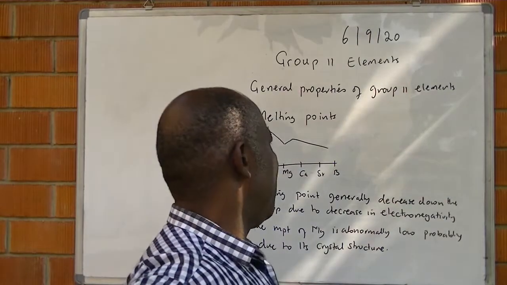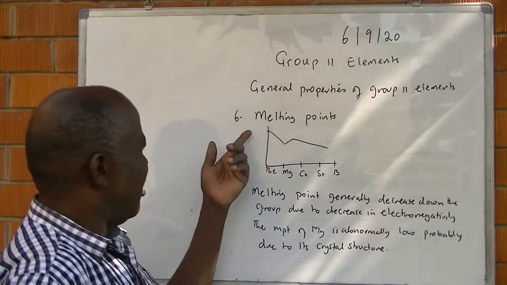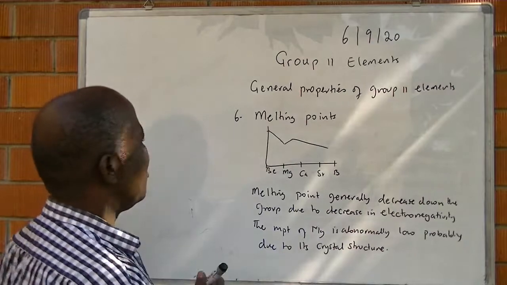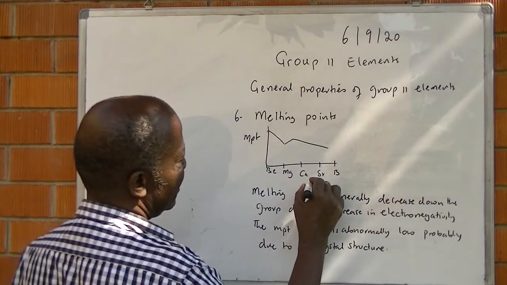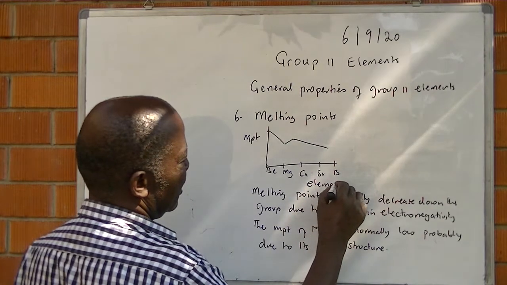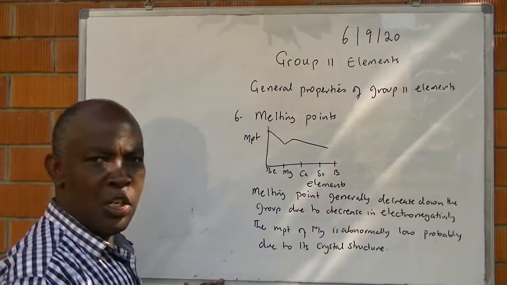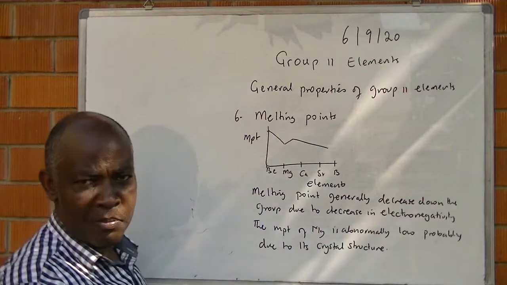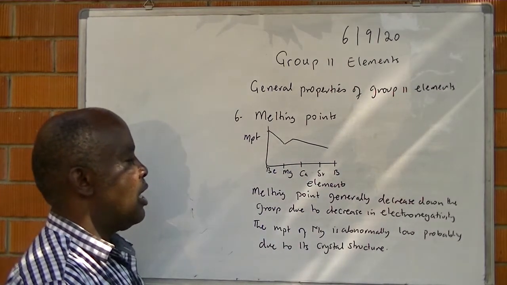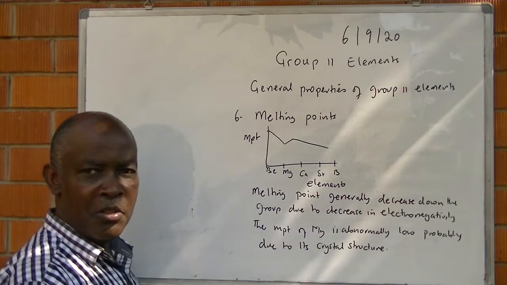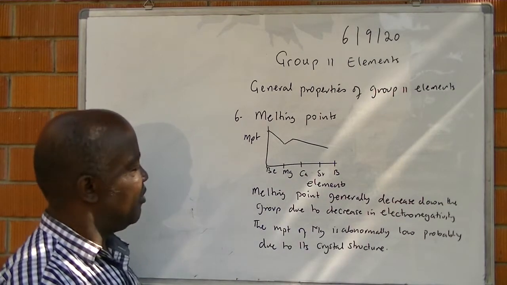6. Melting points. When you plot a graph of melting points against elements, we see that generally the melting point decreases down the group, and this is probably due to decrease in electronegativity.